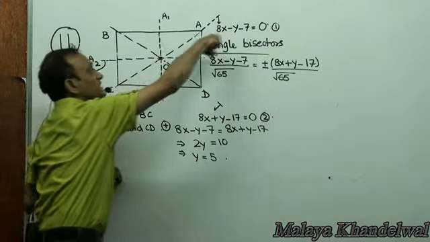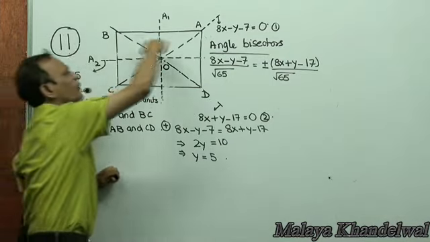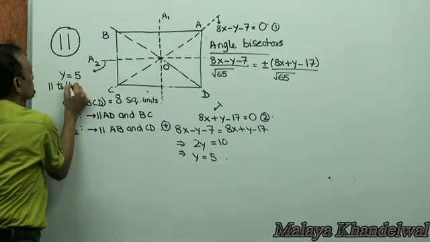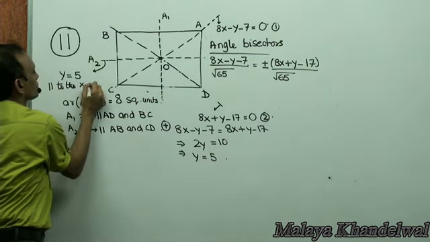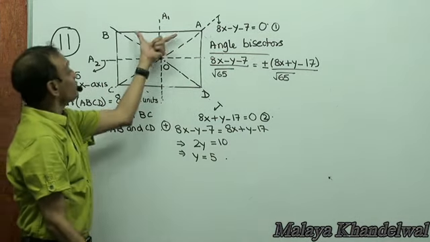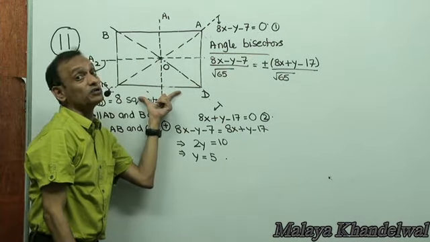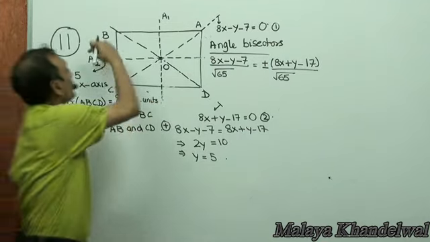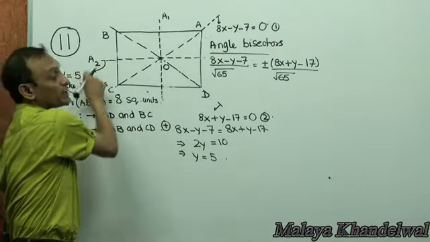Let me call this angle bisector A2, y equal to 5. A line y equal to 5 is parallel to the x-axis. A2 will be parallel to the x-axis, and therefore AB and CD will also be parallel to the x-axis.